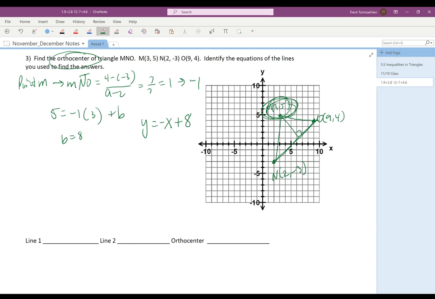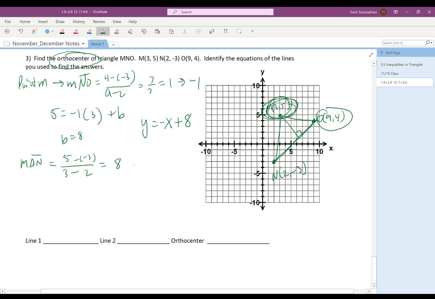So we'll just do the one that goes through O. And that means we need the slope of MN. The slope of MN is going to be 5 minus -3 over 3 minus 2. And so that turns out to give you a slope of 8.